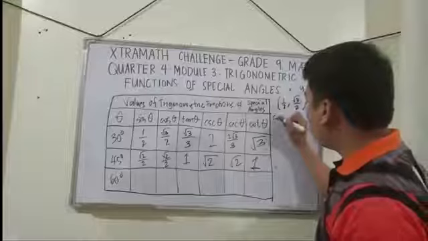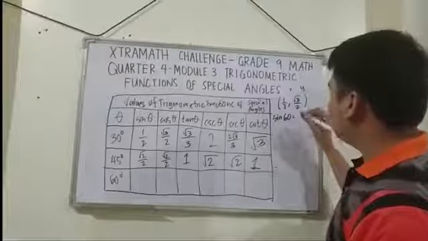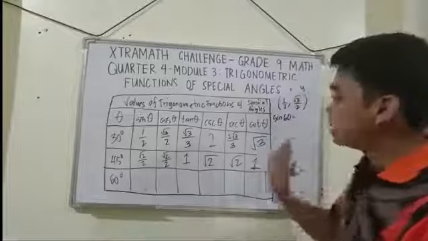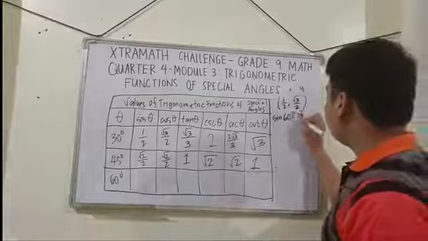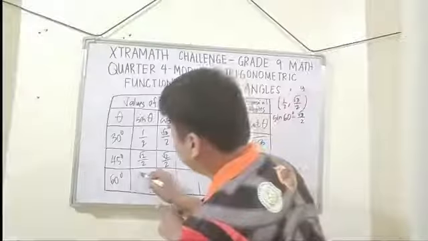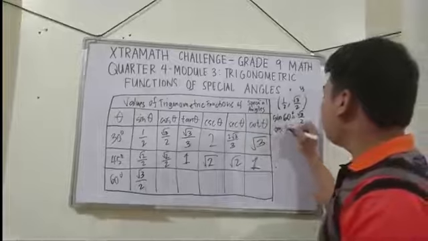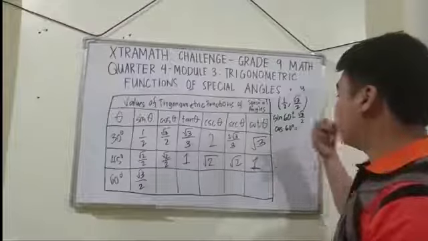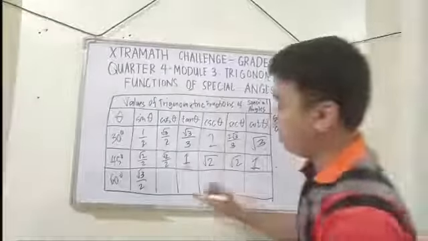So, the sine of 60 degrees, remember that sine corresponds to y. So, sine 60 degrees is square root of 3 over 2. The cosine of 60 degrees, remember that cosine corresponds to x. So, cosine of 60 degrees is equal to 1/2.